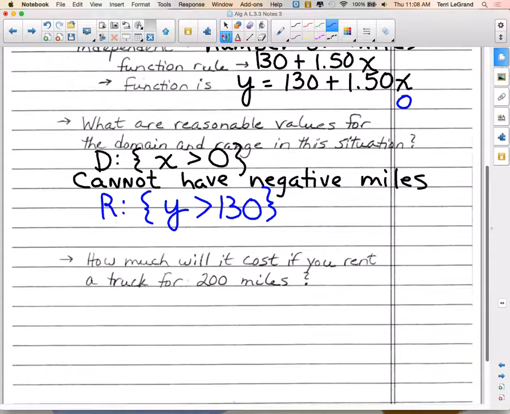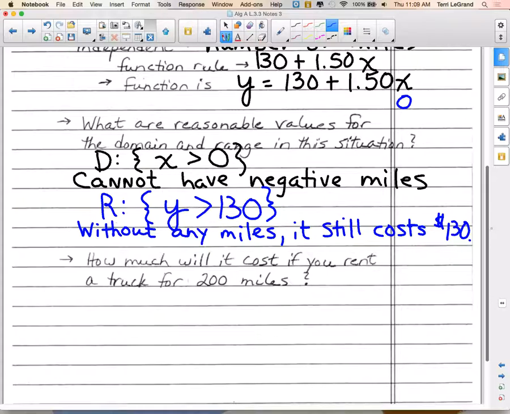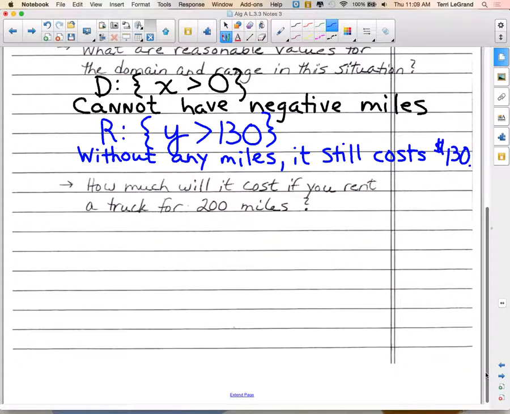So without any miles, it still costs $130. That's kind of why we make that our end point. It still starts at $130 and then it goes up from there.